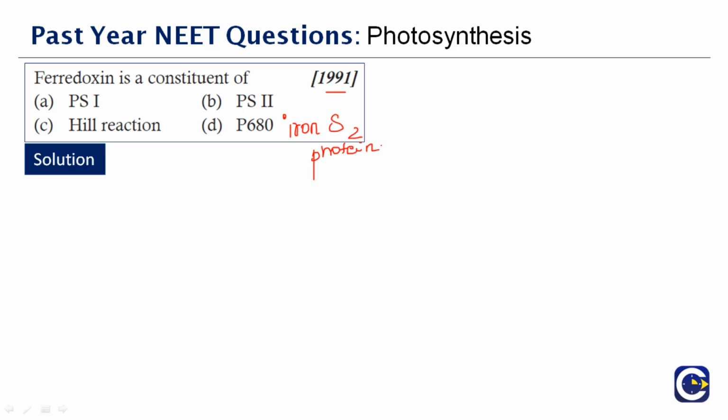What is the function of ferredoxin? The plant type ferredoxin, abbreviated as FDs, is functionally primarily helpful in photosynthesis.